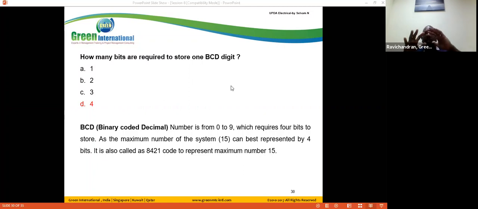What I convey to you is that in the microprocessor, based on that block diagram and concepts, we can get 20 to 25 questions. So these are frequently asked questions under microprocessor.